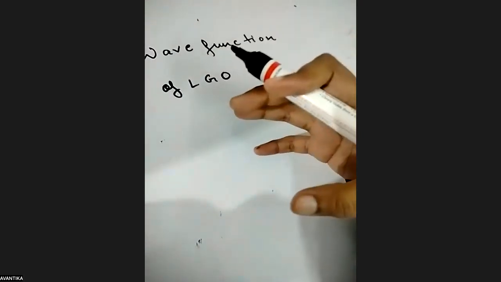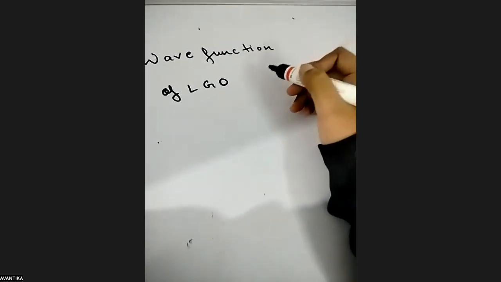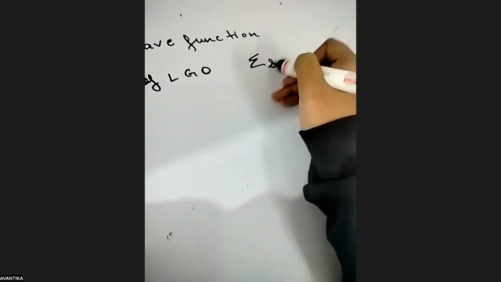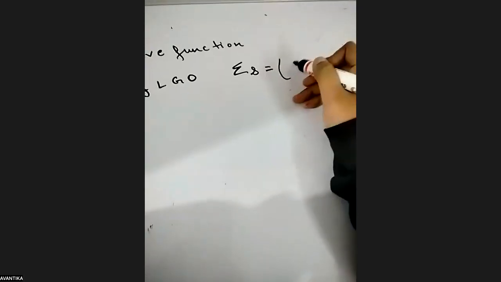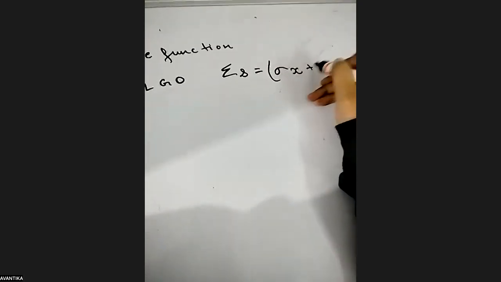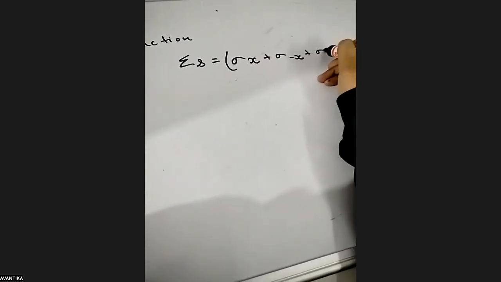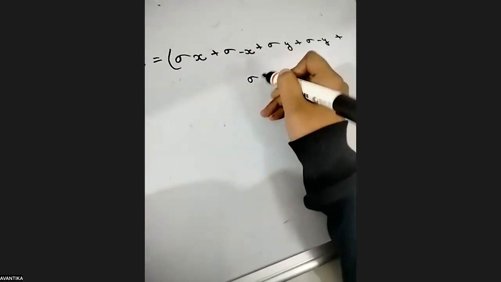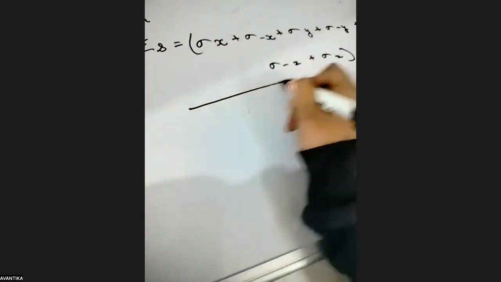So while calculating the wave function of ligand group orbitals in case of the s orbital, we can calculate the wave function in the x direction and in the opposite direction also, in the y direction, and in the z direction. We have added all the wave functions.